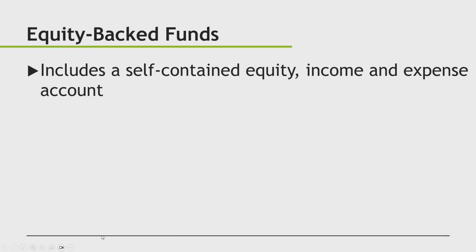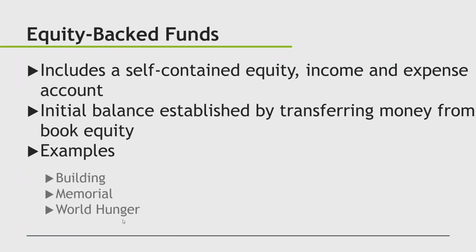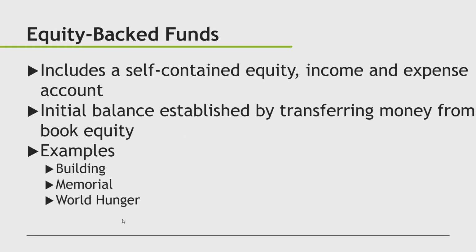You get your initial balance into these equity-backed funds by transferring money in from your book equity. Some examples of equity-backed funds would be a building fund, a memorial fund, or a fund for world hunger. I know this might seem a little abstract so far.